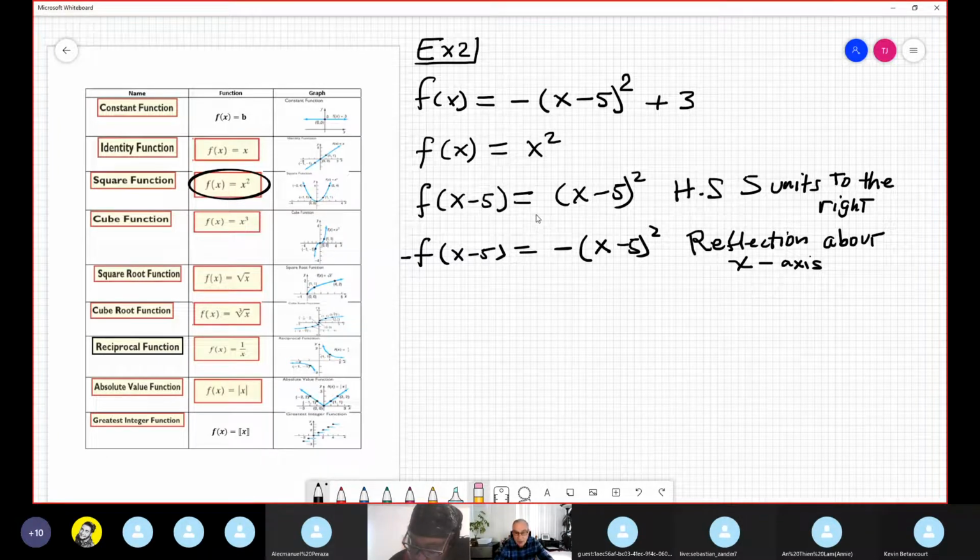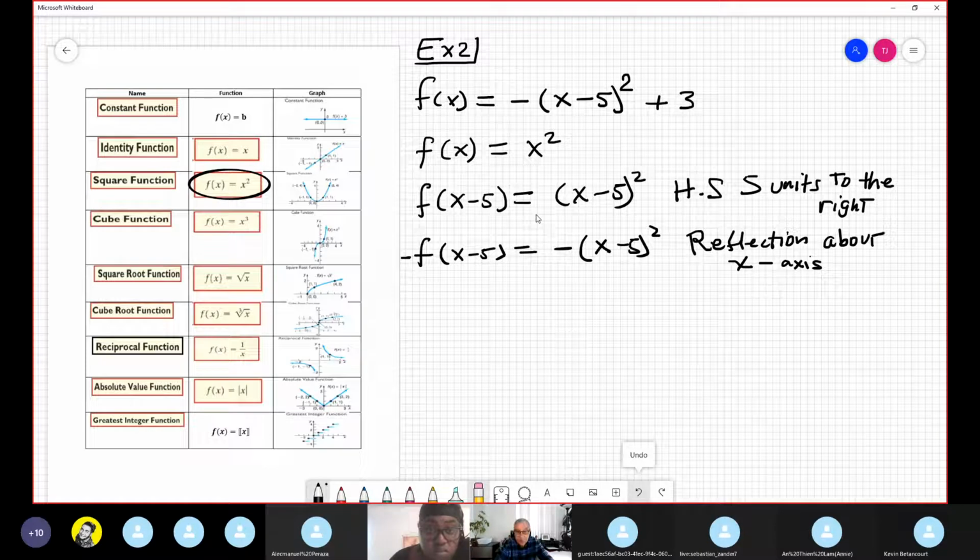Be careful. This is f of x. It's different when you put a negative here or when you put a negative here. When you put a negative inside the parentheses, it's reflection about the y-axis. And when you put a negative outside, it's reflection about the x-axis.